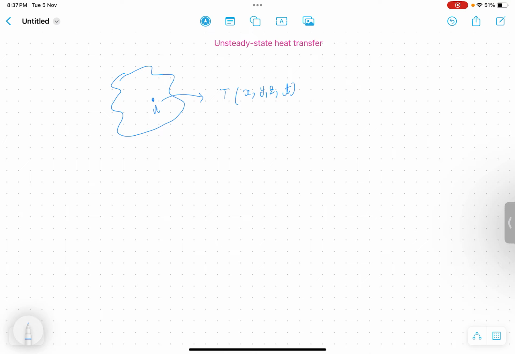So if the temperature variation in the body is not varying with time, then it is called steady state heat transfer. But if the temperature variation is there with respect to time, then it is called unsteady state heat transfer.